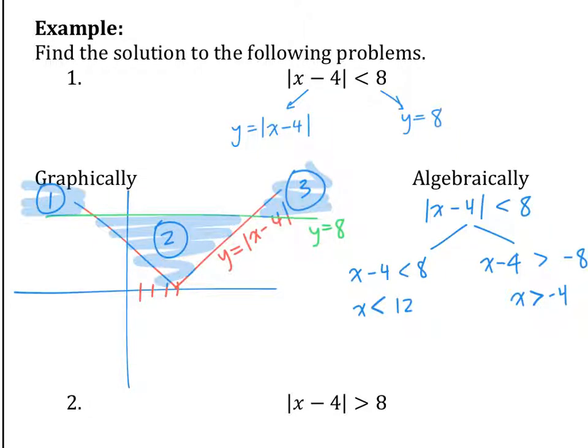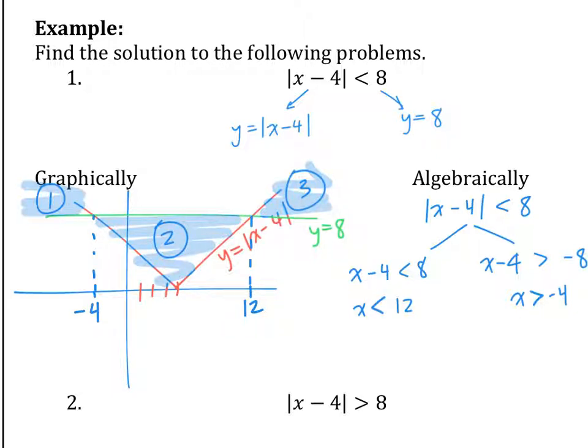So back to our graph. On my graph, I know this point has to be negative 4. Now that I solved it, I know what those x values are. Looking at this answer, the x values that would make this inequality work are when x is less than 12 and when x is greater than -4.